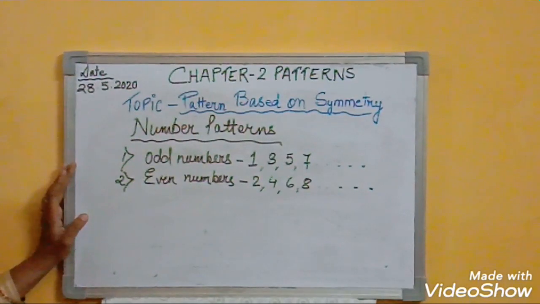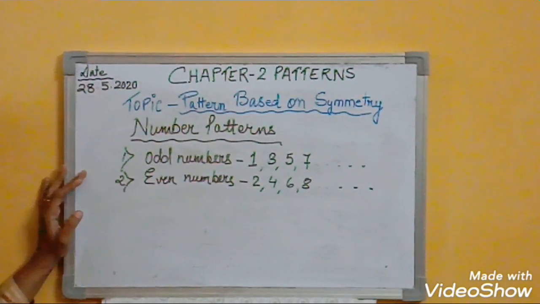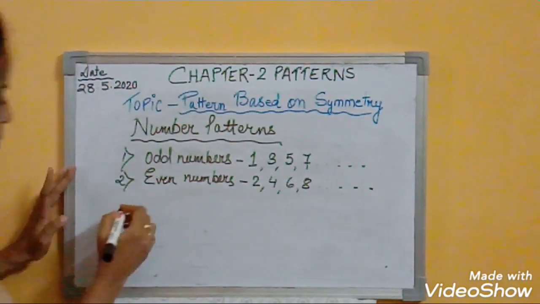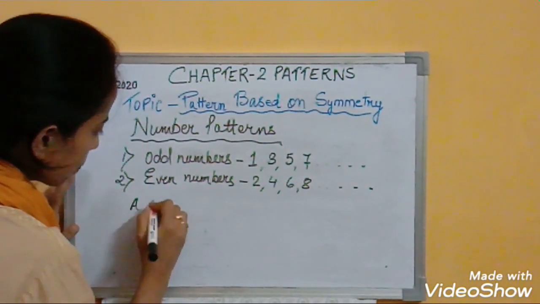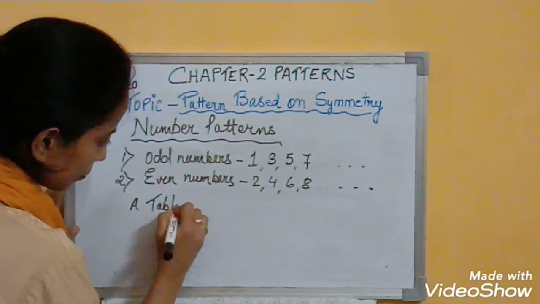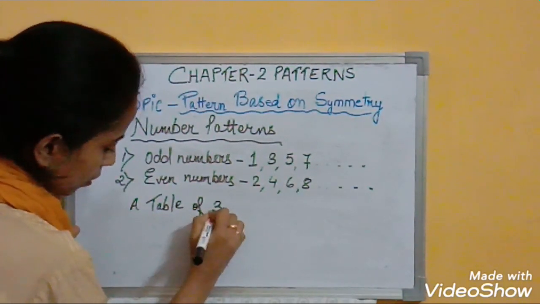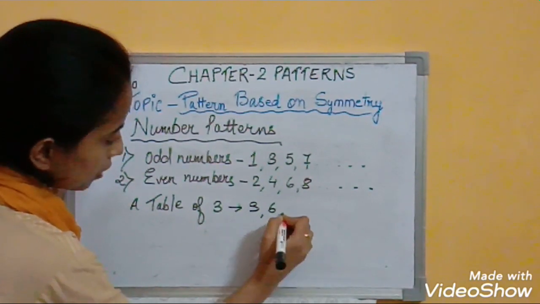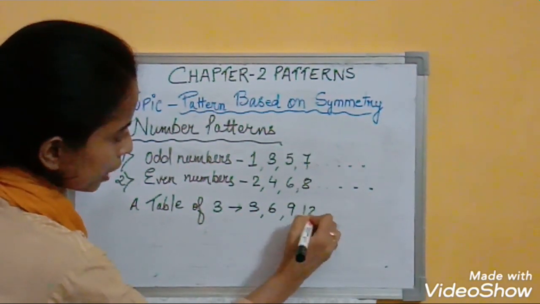Now, my dear children, you might have learned that we can also see patterns in number tables or multiplication tables. So, take a table of 3. 3 1s are 3, 3 2s are 6, 3 3s are 9, 3 4s are 12, and so on.